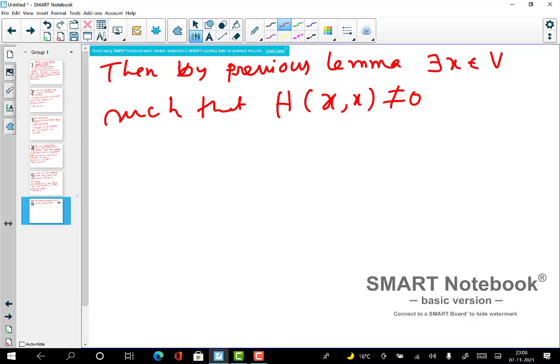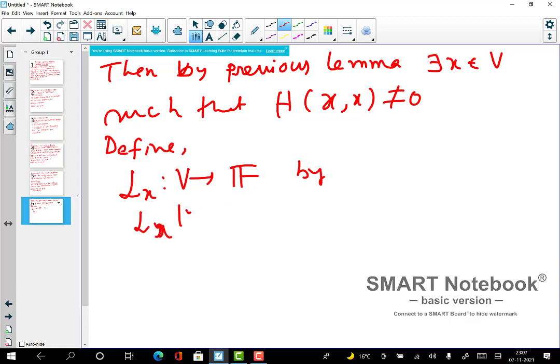So with respect to this vector, we will define the map L_x from V to F, a linear functional on V. And what is the map? We define it by L_x(y) for any vector y. It is h(x,y), for all y belonging to V. It's a bilinear form, so this is an element of F. Okay, and so obviously this is linear, and that we already proved in one of the last lectures.